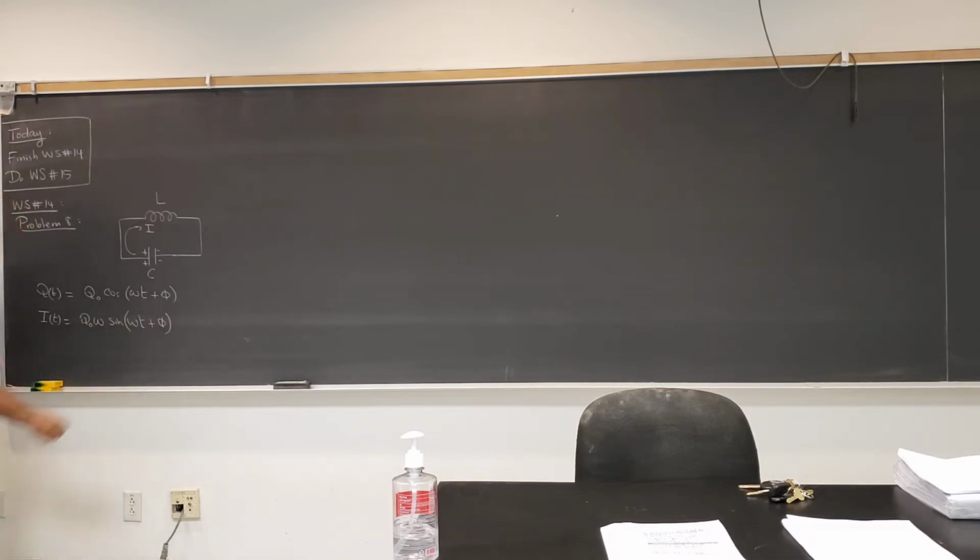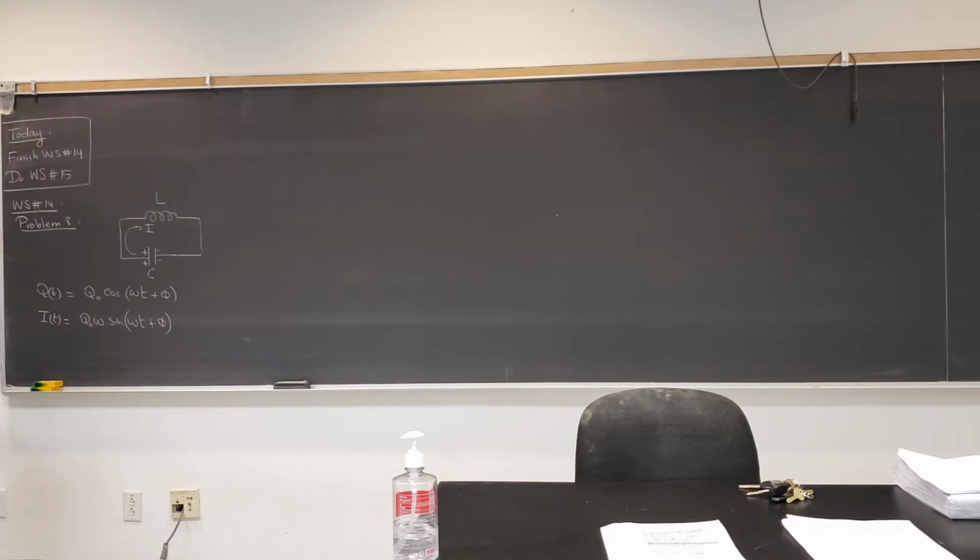That's in general. Usually if the capacitor started being charged at t equal to 0, then the phase would be 0 and you just have Q0 cosine of omega t with no phi. But here they're saying the current was maximum and the charge would be 0 at that time. So phi is not 0. But it has this form. Okay?